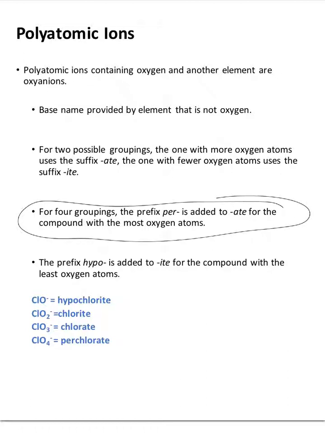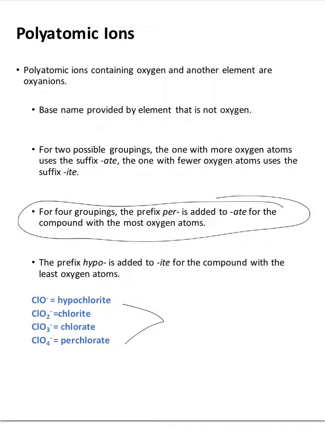For groupings of 4, it involves an element that is not oxygen, and there's a group of 4. What you will do is use these rules. The prefix per is added to ate for the compound with the most oxygens. The prefix hypo is added to the compound with the least oxygen atoms, while the 2 in the center are going to take on the ate or the ite ending.